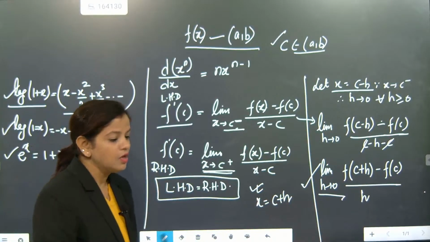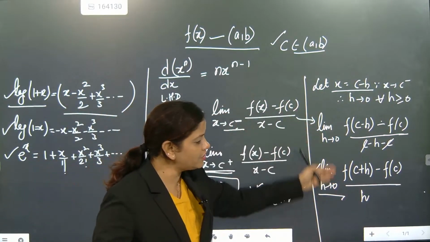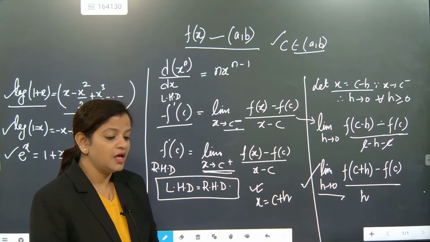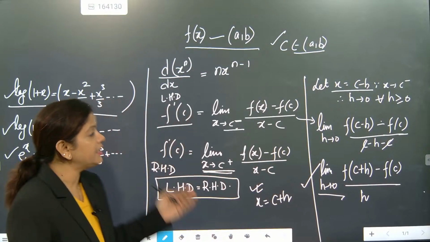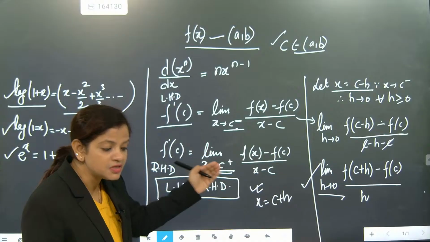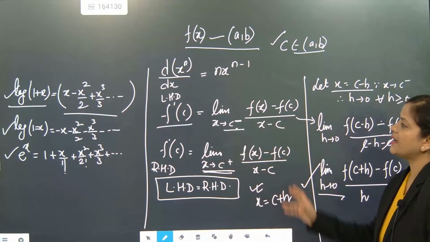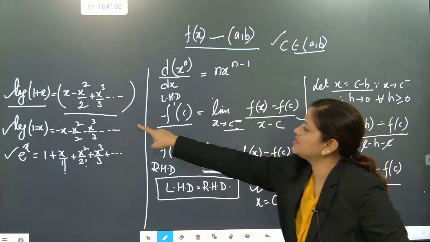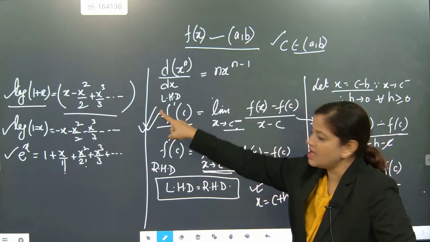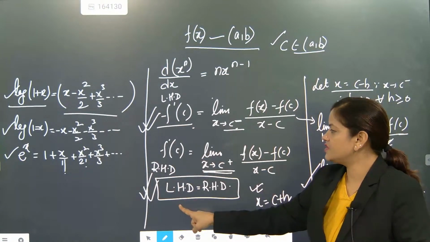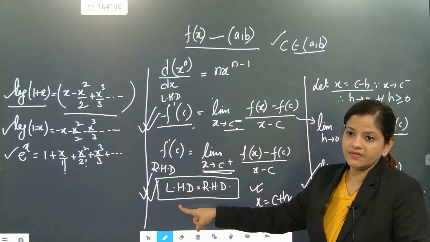But right now we have to use any one of the formulas to find the differentiation. When you differentiate like this, it is called first principle differentiation. Understood? So now we understood that this is the left side and this is the right side. This is called the left hand derivative and this part is called the right hand derivative.